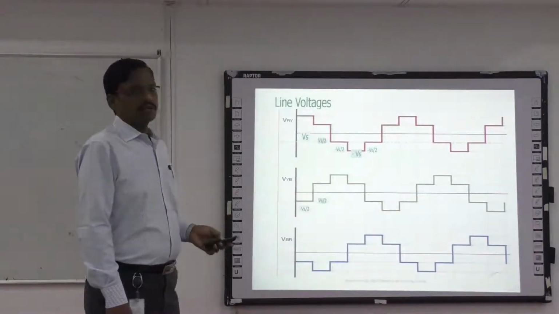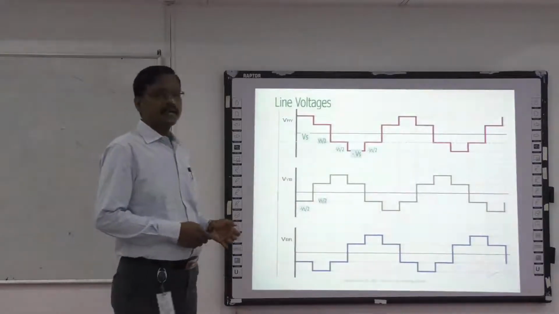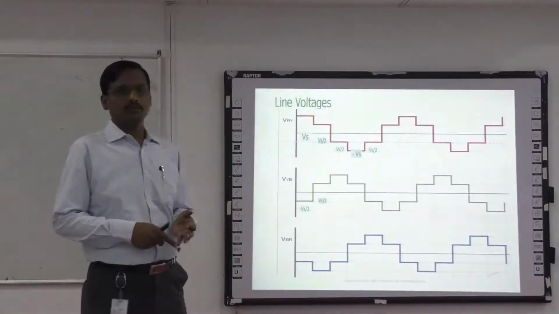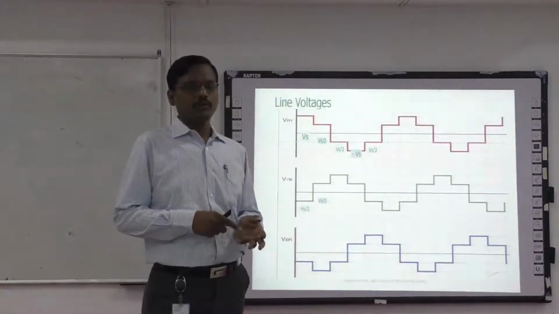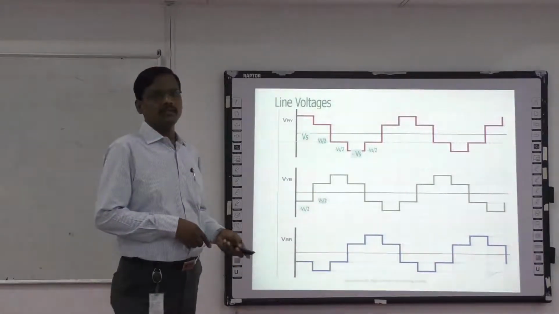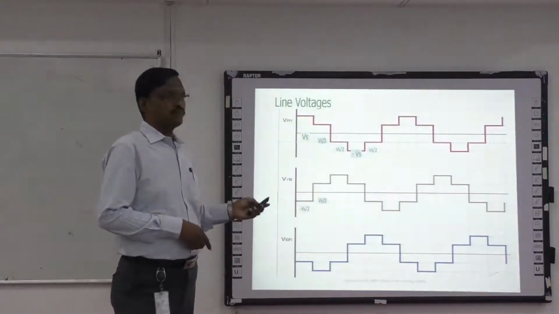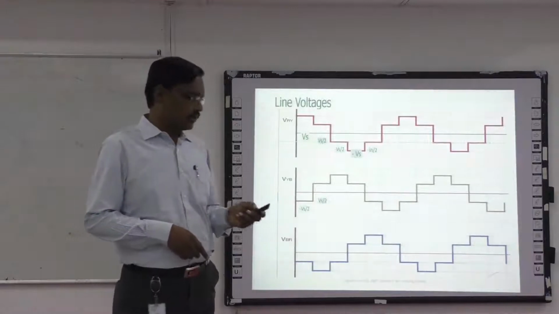So the major difference is, during 180 degree mode of operation, 3 devices will conduct at a time, 2 from the upper side and 1 from the lower side, or otherwise 1 from the upper side and 2 from the lower side. Whereas in the 120 degree mode of operation, only 2 devices conduct at any time, 1 from the upper side and another one from the lower side.